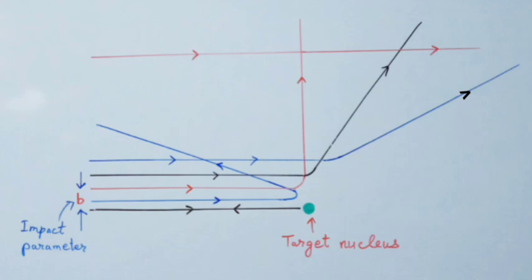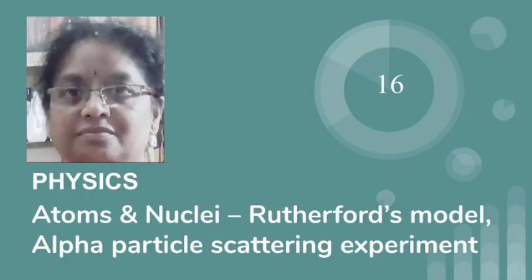It is thus concluded that the scattering of alpha particles depends on their distance from the nucleus of the atom. An alpha particle passing at a much larger distance from the nucleus goes almost undeviated. This result led to the size of the nucleus.